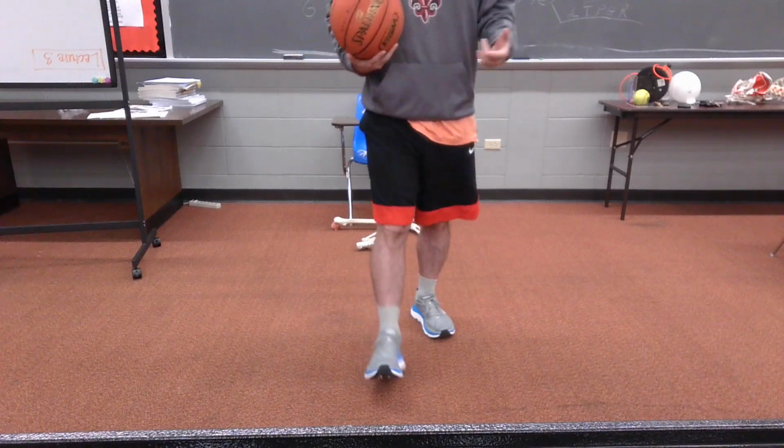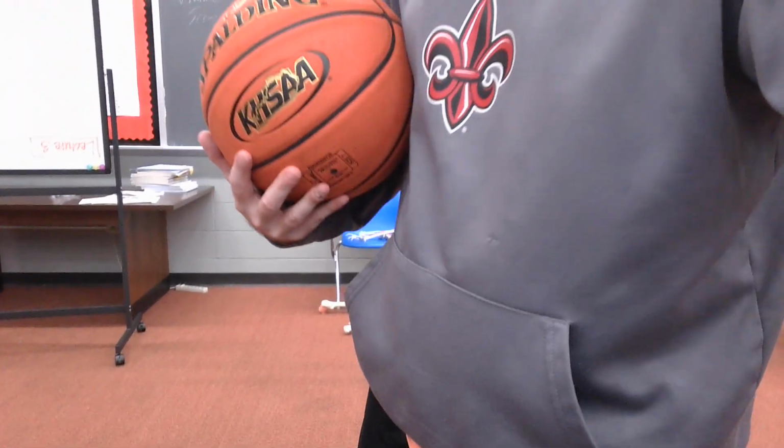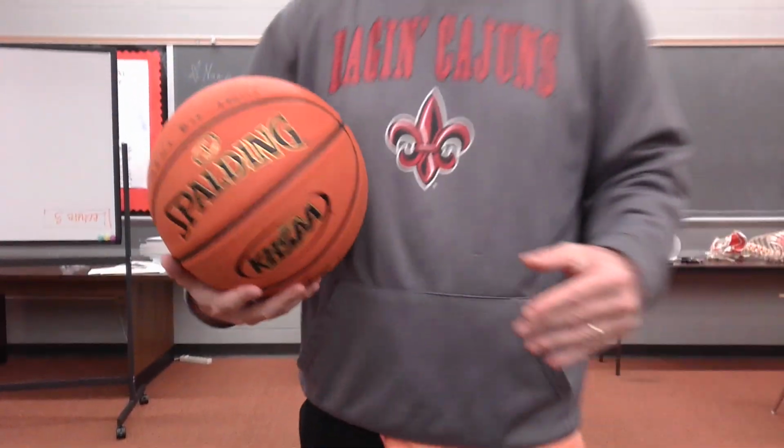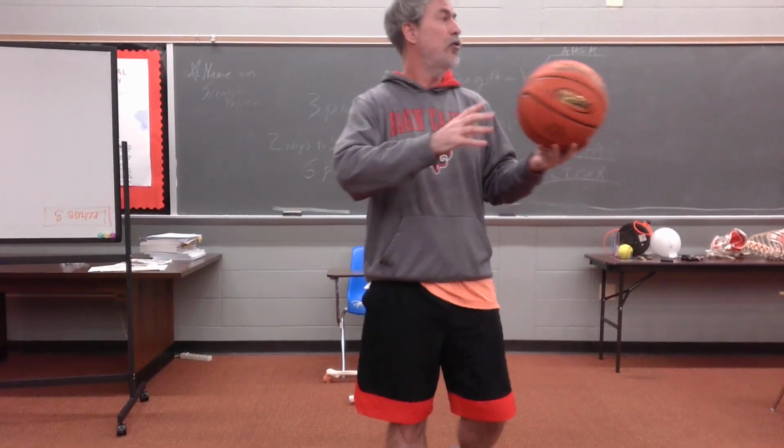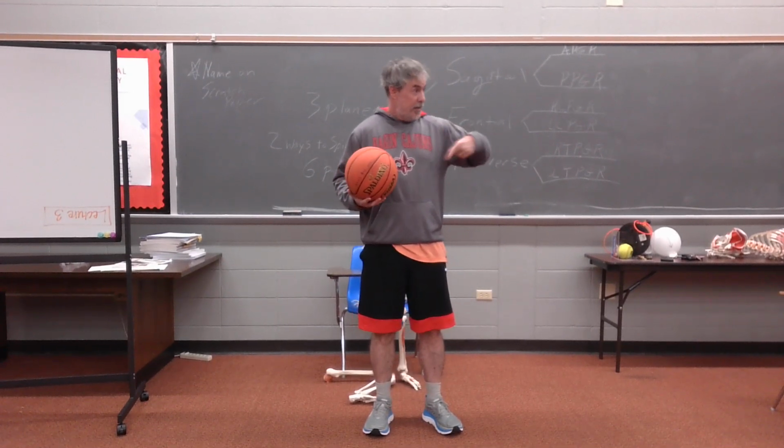Now, the spin of the basketball, because remember, everything's about perspective, global, local, joints perspective. The basketball has a perspective. No matter what was responsible for spinning it, the basketball can spin.